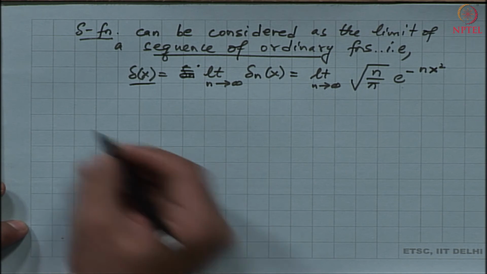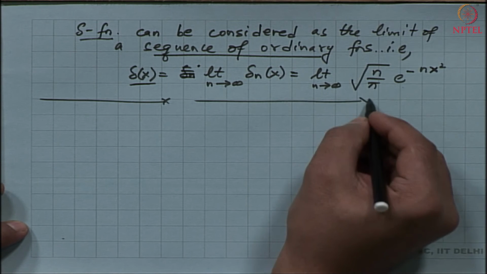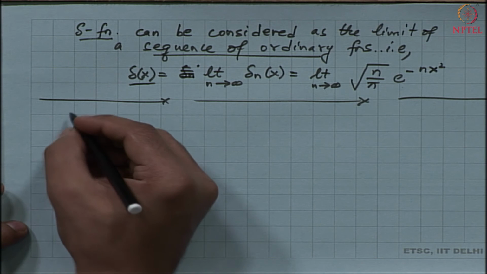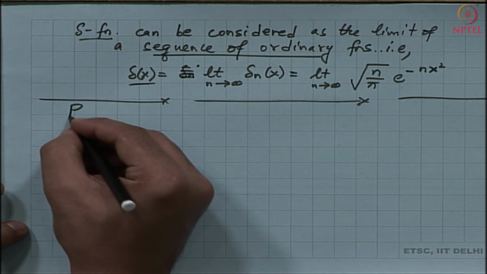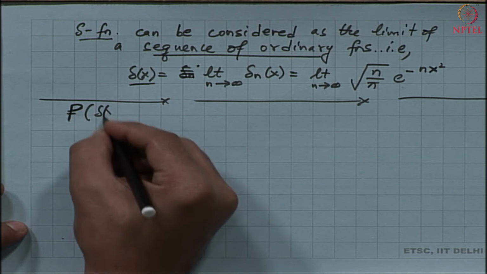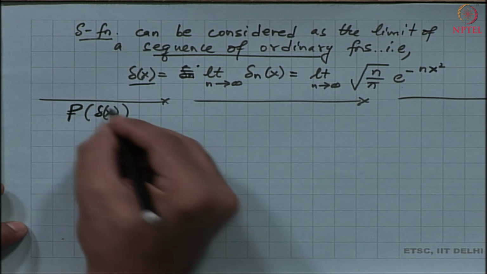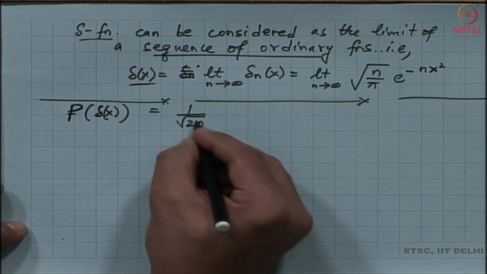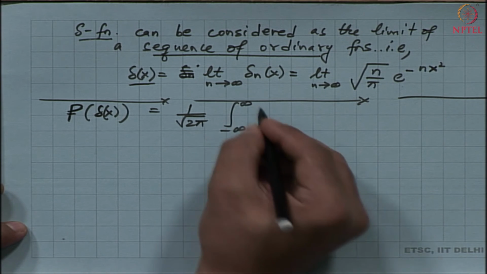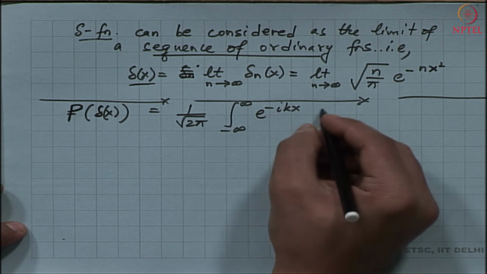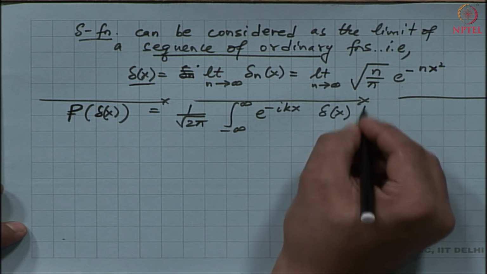Okay. So, let me just show you some cases or some properties of the delta function applied to the Fourier transform. In particular, if I were to evaluate the Fourier transform of the delta function, let us say the Fourier transform of delta of x, using the definition, this becomes 1 by square root 2 pi, integral from negative infinity to infinity of e to the power negative i k x delta of x dx.